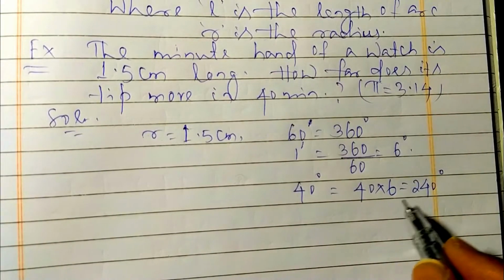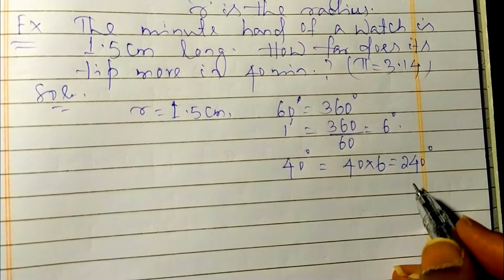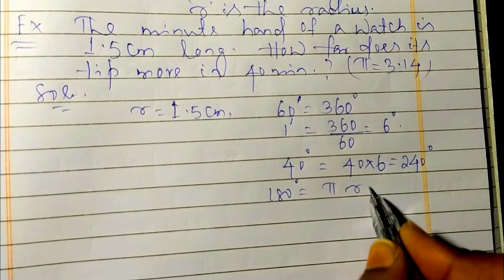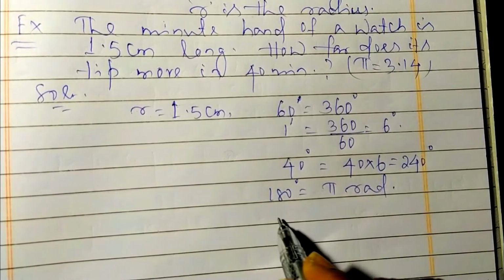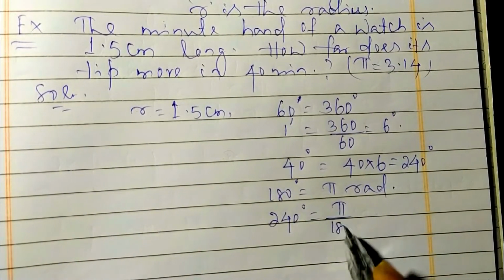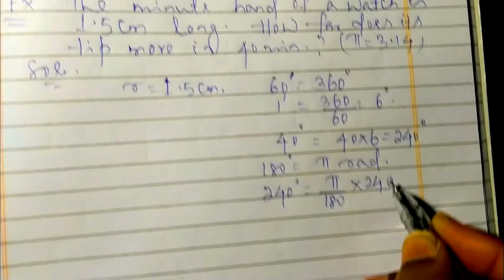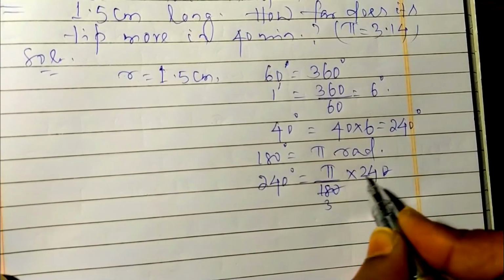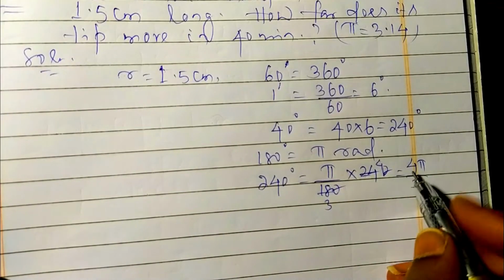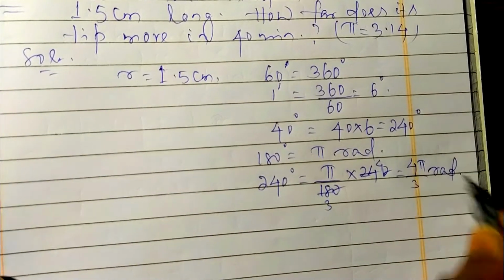If we convert this into radian, we know that 180 degree is equal to pi radian. So 240 degree will be pi by 180 into 240, that means 4 pi by 3 radian.